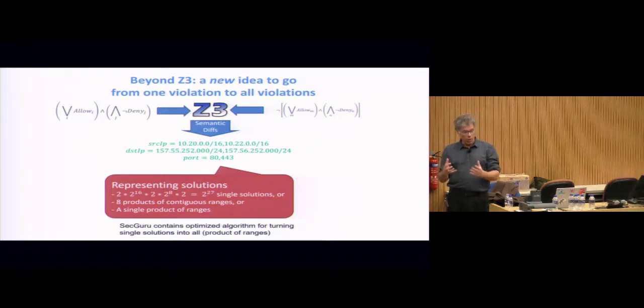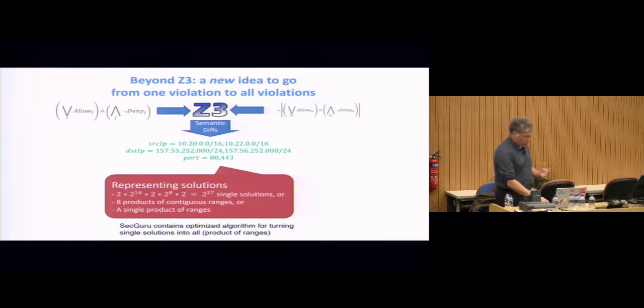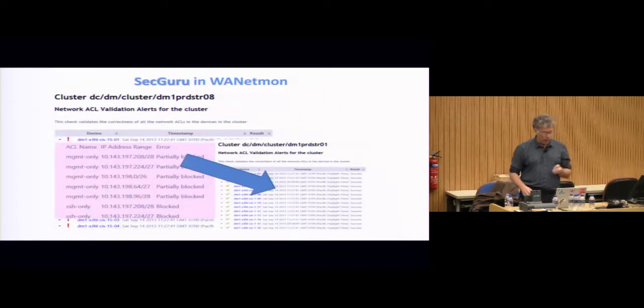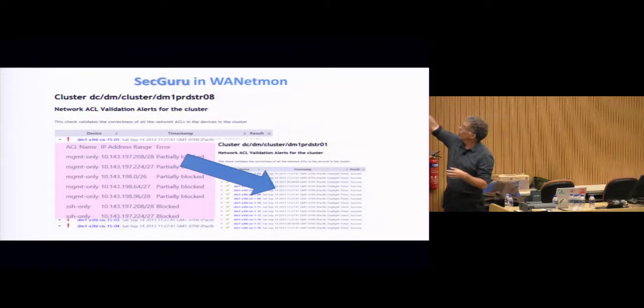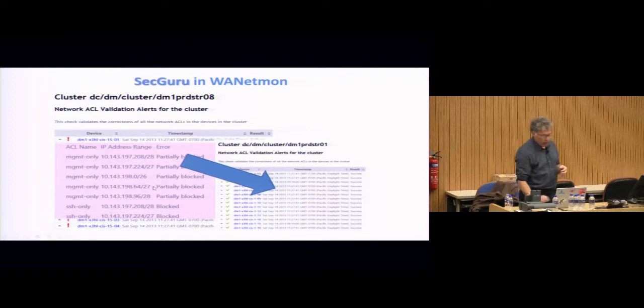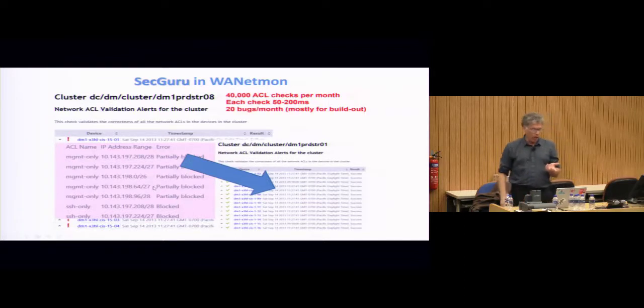So the idea with this tool then is to actually put it in production, and this is what's happened. Sekuru is in this monitoring framework called WA netmon, and it is run there. According to Nikolai, there's about 40,000 access control list checks per month. Each check is taking at most 200 milliseconds, and they're finding about 20 bugs a month, mostly when they're building out new data centers, right?